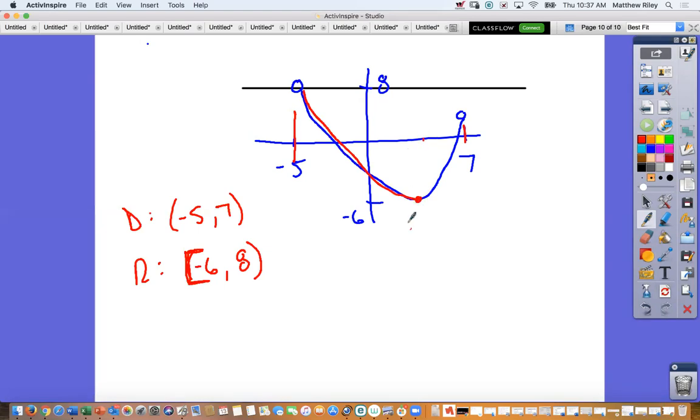So we could call that point like 4, -6. So that's just an ordered pair. If it actually hits that point, then that's why it needs that bracket. Okay? Writing that ordered pair there might have actually confused more people. But we kind of work under the assumption that unless they show us an open circle, then they are showing us that it actually hits that value.